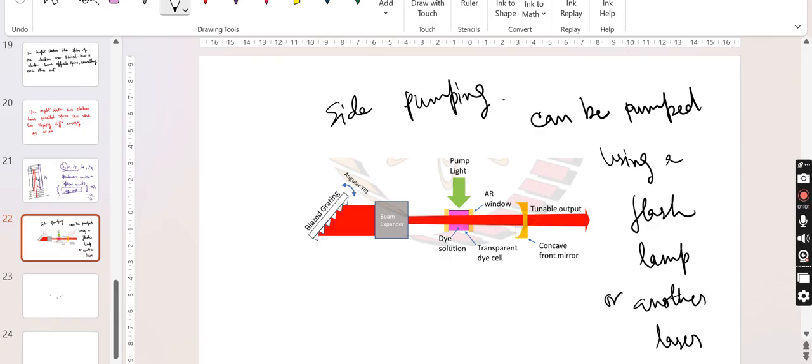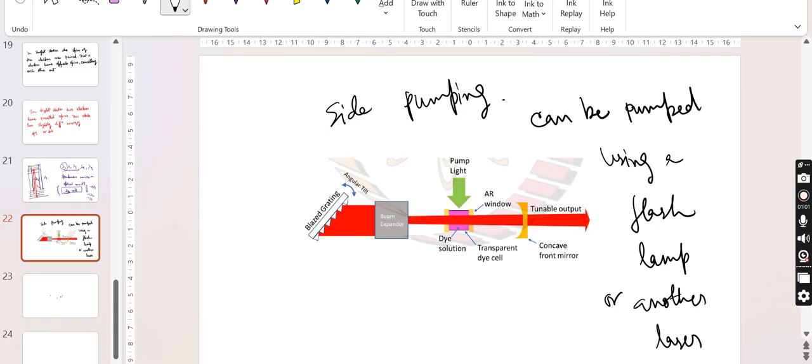When it was first invented in 1966, the ruby laser was used as a pump source.